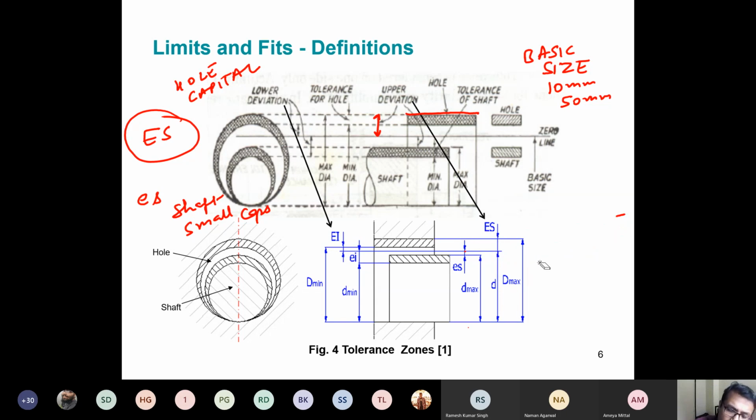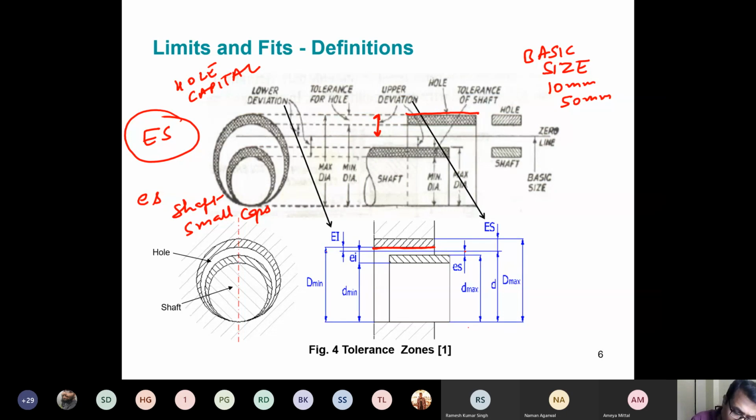Then there is lower deviation. Lower deviation is capital EI for the lower portion, corresponding to the D min. Capital D max is the largest dimension of the hole, and capital D min is the smallest dimension of the hole.